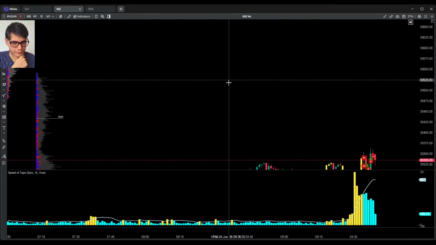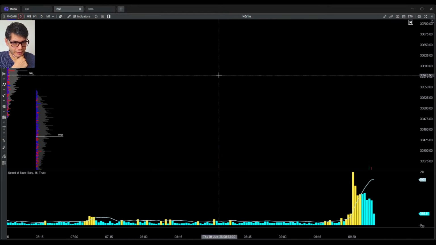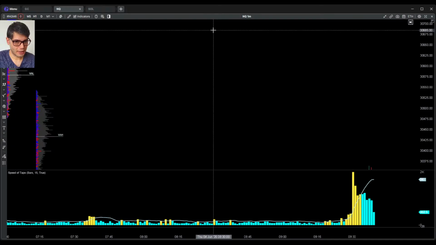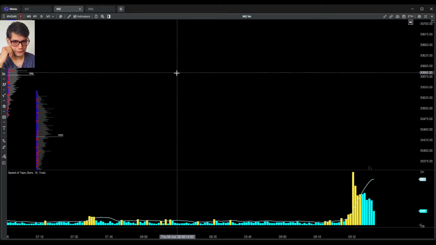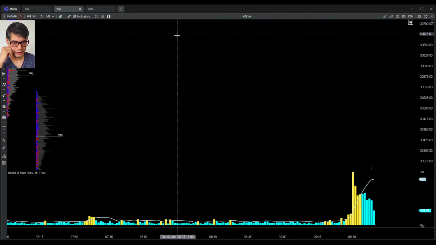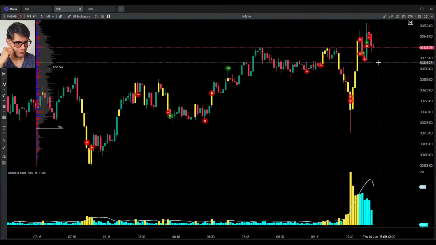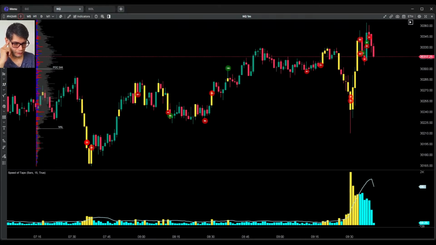At the highs, we have the value area low of the previous day at 578 and the point of control with 2,000 contracts at 685. If I want to go short, I'd be very confident to go short in either of these levels, but not in here.